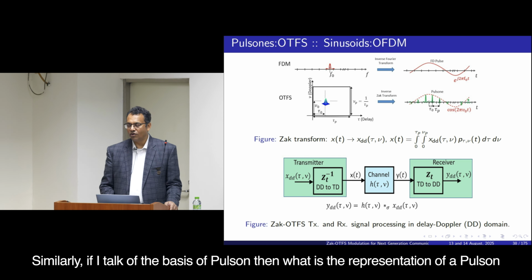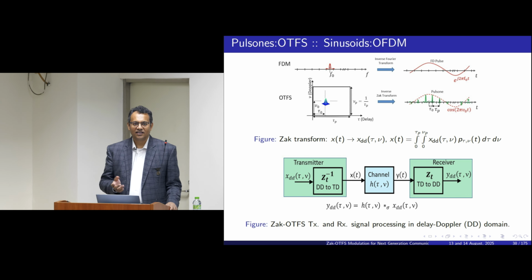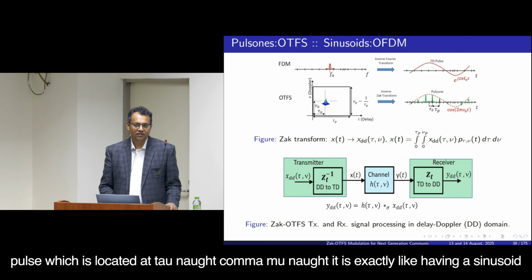Similarly, if I talk of the basis of pulsons, then what is the representation of a pulson in this basis of pulsons? It has to be again a Dirac delta, right? So this pulson tau naught nu naught in the delay Doppler domain is basically a narrow pulse which is located at tau naught comma nu naught.